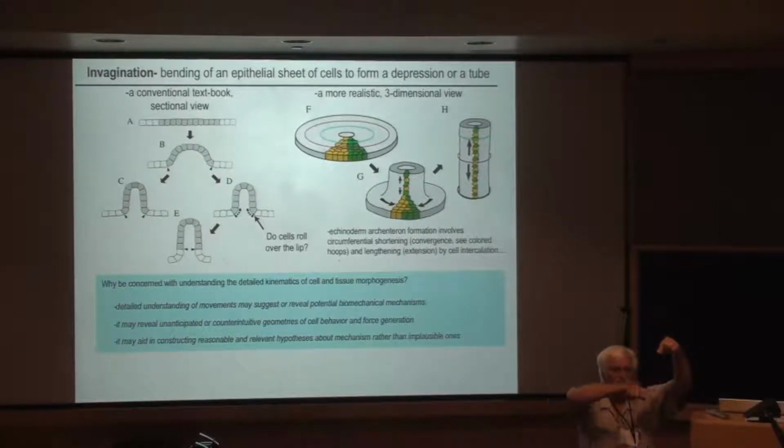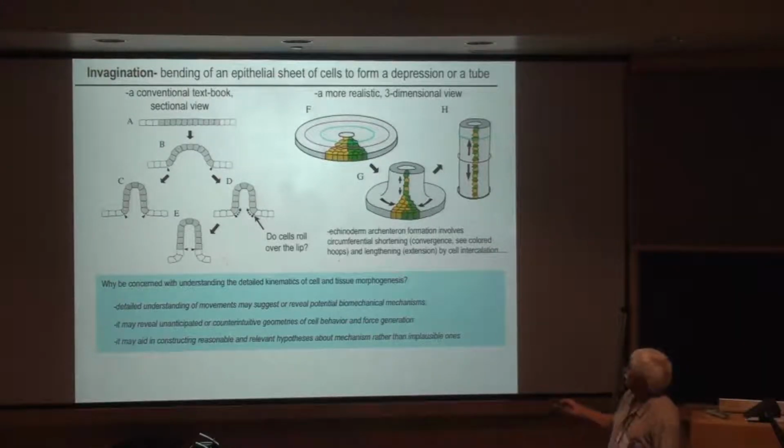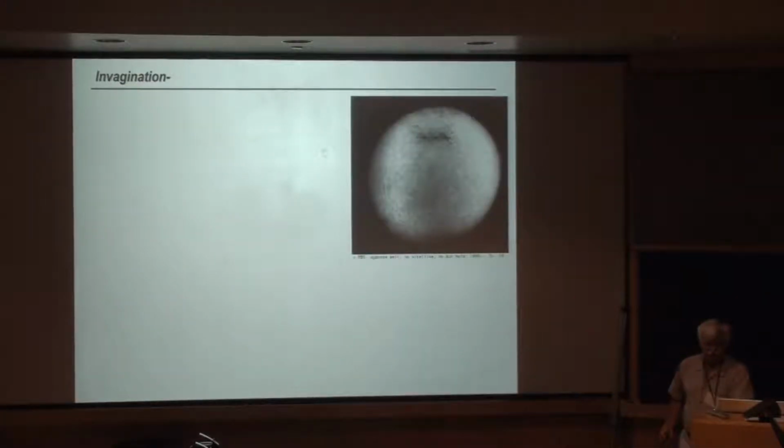The circle that I drew on the outside only takes up a little bit of the piece, because each of these successive rings has to get a lot smaller. And this is a common way of driving the whole process, to generate a hoop stress by either intercalating the cells or something else.